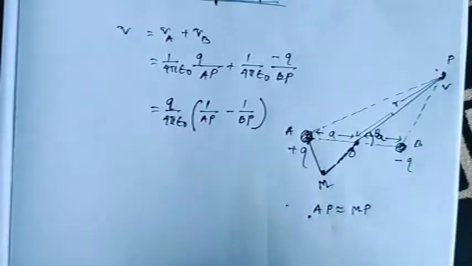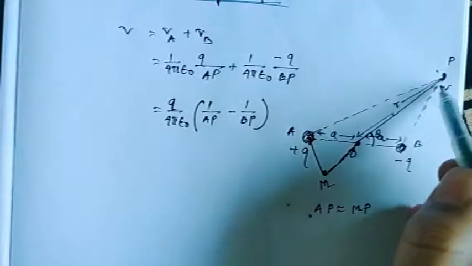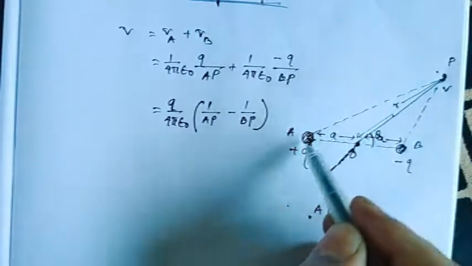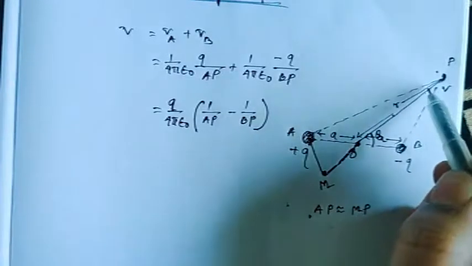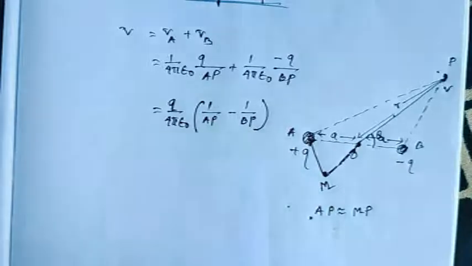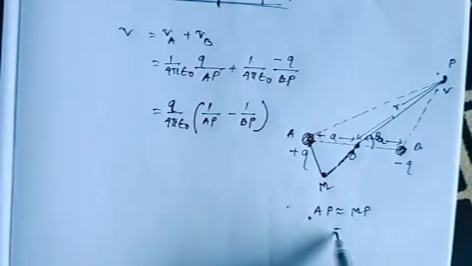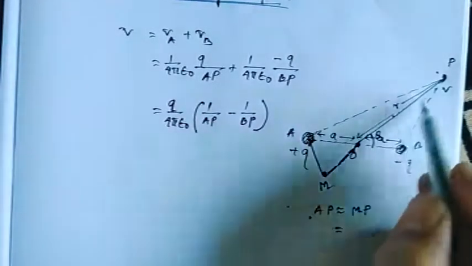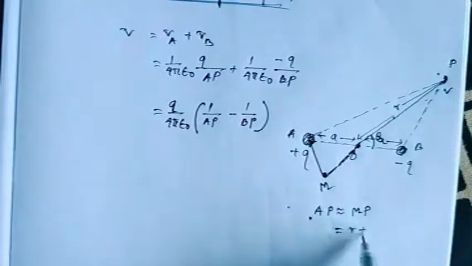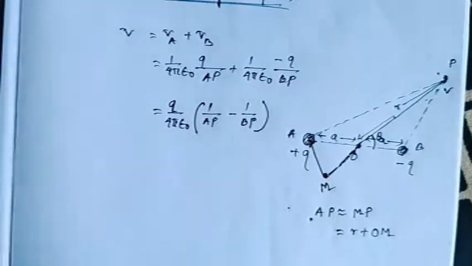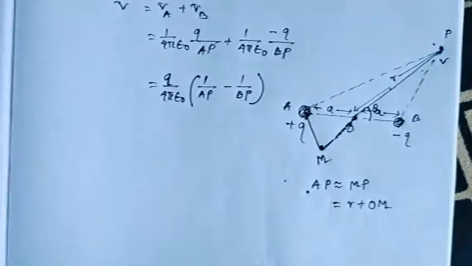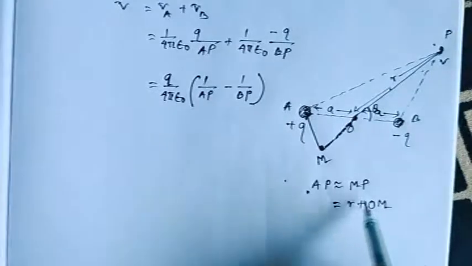Okay, meaning we consider these two lines the same, since this angle is very small. Now MP equals R plus OM. Now how to find out this OM?